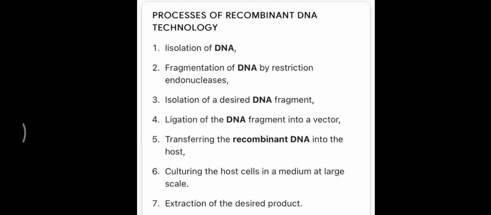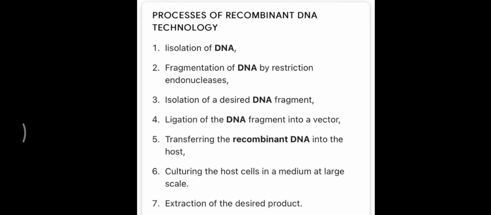After the formation of DNA fragments, the DNA fragments are isolated by using agarose gel electrophoresis, and this DNA, which is negatively charged, will move towards the positive electrode, that is the anode, and the process is repeated with the vector DNA also.